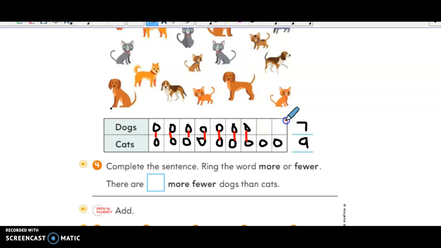Okay, and the difference is this part right here. The difference is the oval, and how many? There's 2. So we're going to put 2. And we're comparing dogs and cats. So are there more dogs than cats, or are there fewer dogs than cats? Yep, you're right. It's fewer.